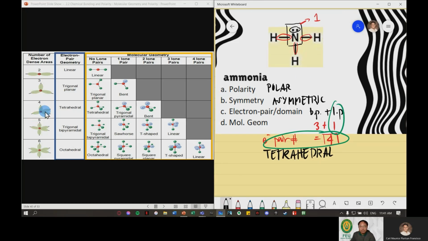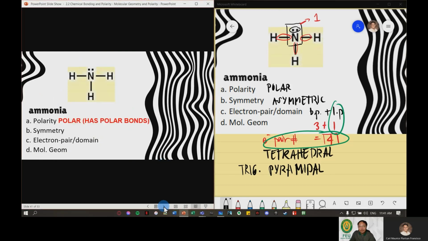So 4, 1 lone pair, trigonal pyramidal. Okay, it's very easy. So to check, polar, asymmetric, tetrahedral, and then trigonal pyramidal.